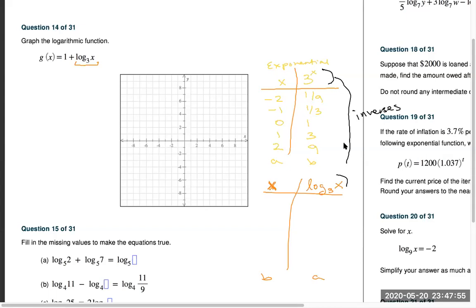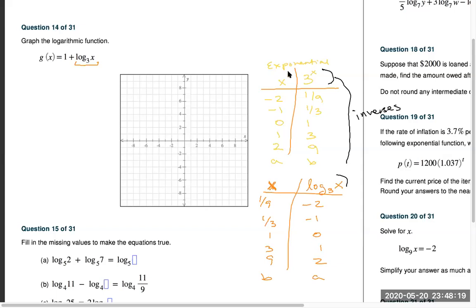So we're just going to switch the x and y values, switch the domain and range. Okay, so we found what these log values are.